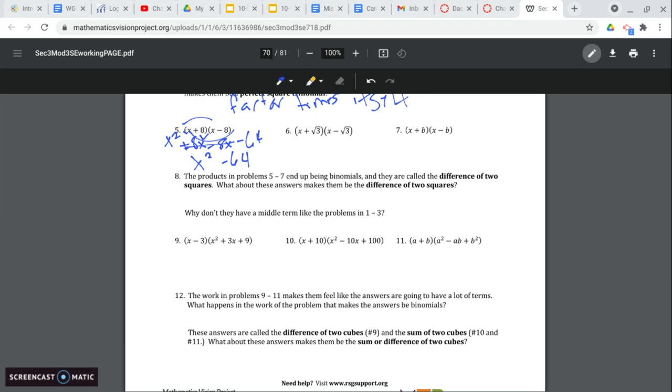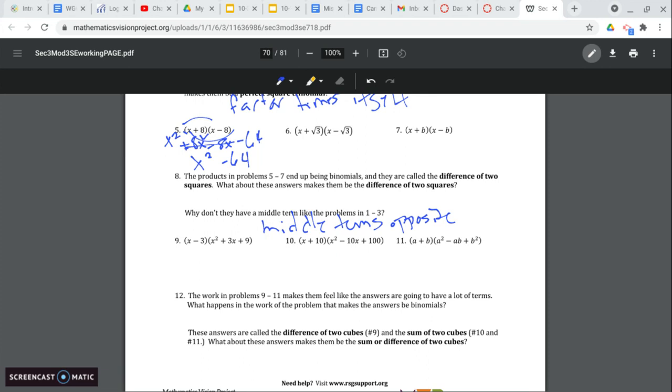What about these answers makes them a difference of two squares? So why don't they have a middle term like problems 1 through 3? Middle terms are opposite. So they cancel out.